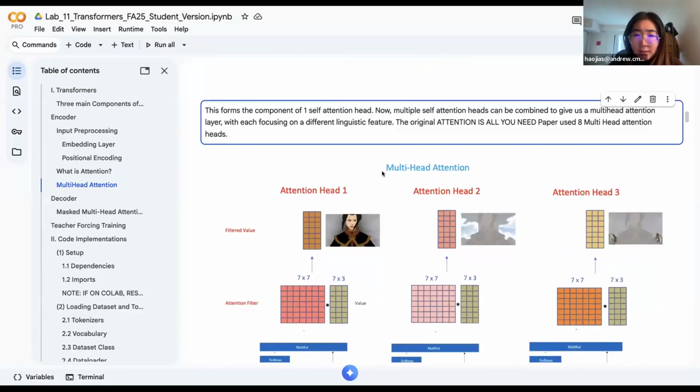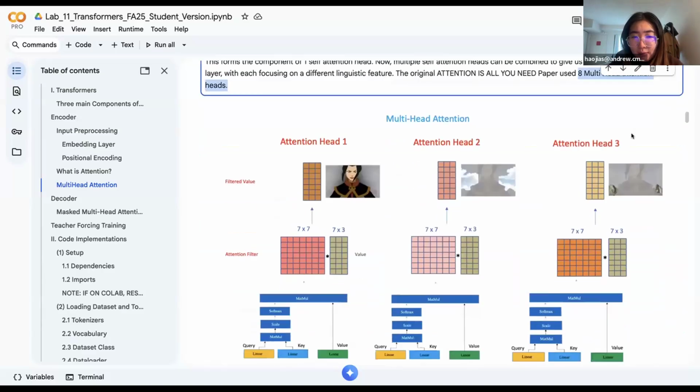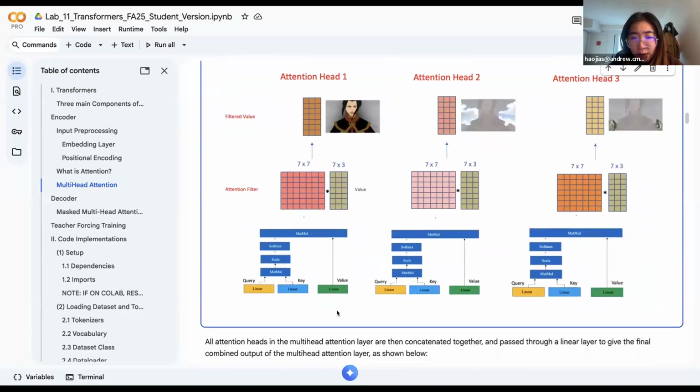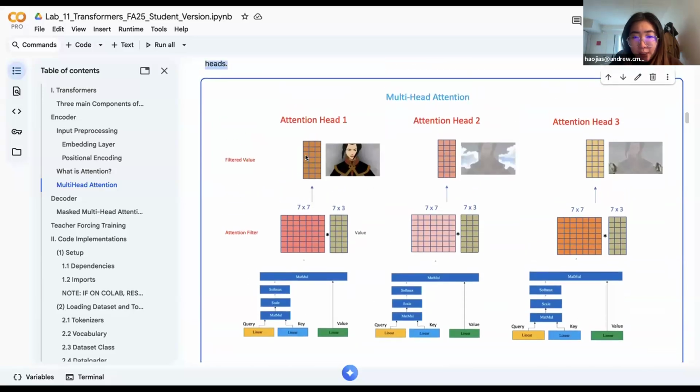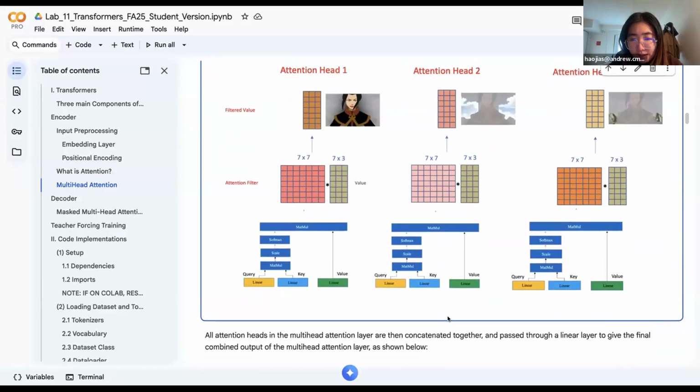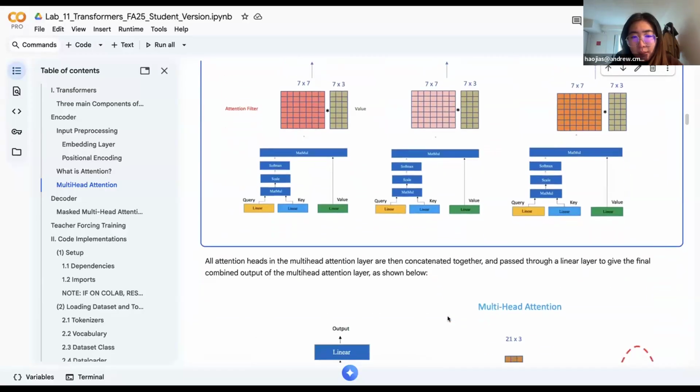For multi-head attention, in this paper, Attention Is All You Need, we use 8 attention heads. Then we have several attention heads in parallel doing the same thing. We have the same input embeddings, and then we map them into different spaces by multiplying by different weight matrices, doing the softmax divided by the square root of dk, and then finally multiplying by the V value.